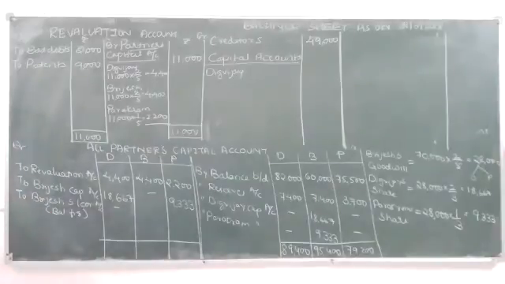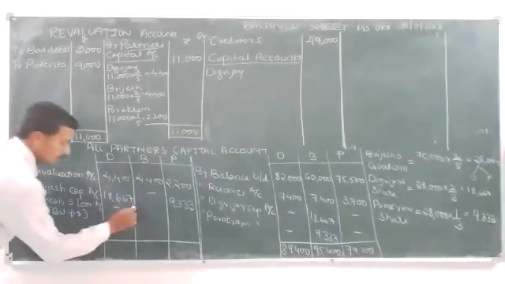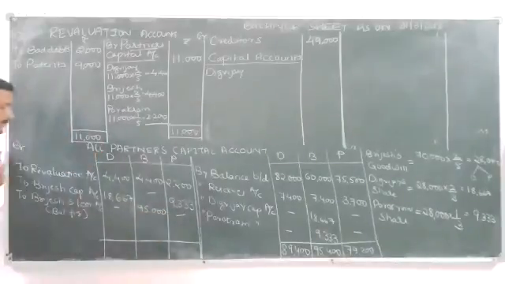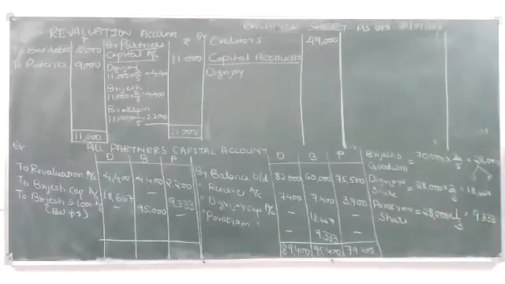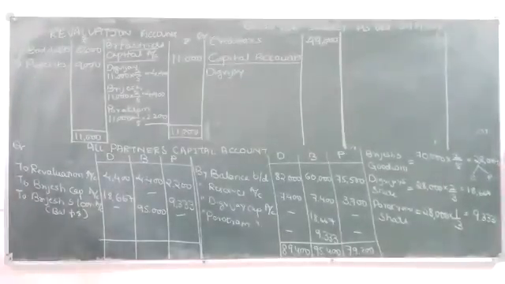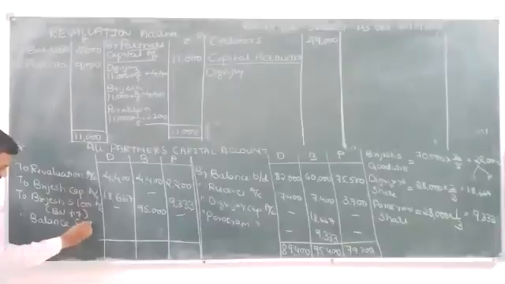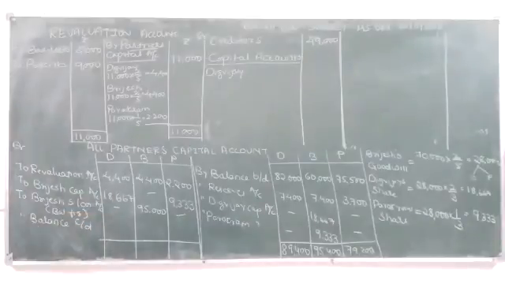So balancing figure. What is the value? It is 95,000. And the next one is 'To balance carried down', because these are continuing. We can do the same for them.